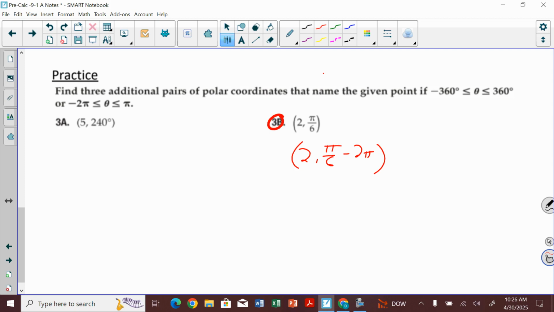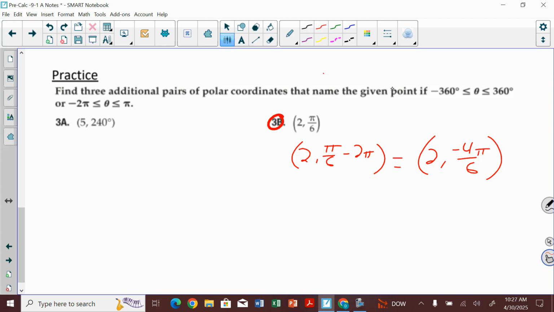So I'm going to go minus 2 pi here. So that just means 2 comma negative 4 pi over 6. I guess you could reduce even further, but that's fine with me. I'm just subtracting 2 pi from pi over 6.